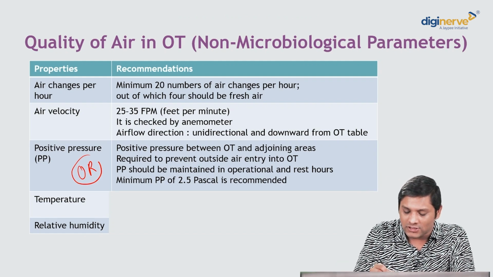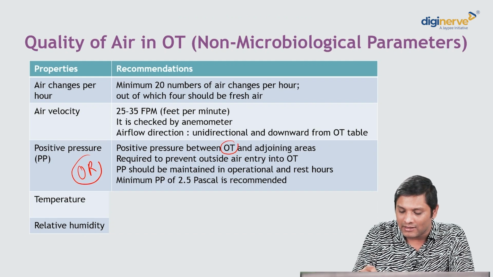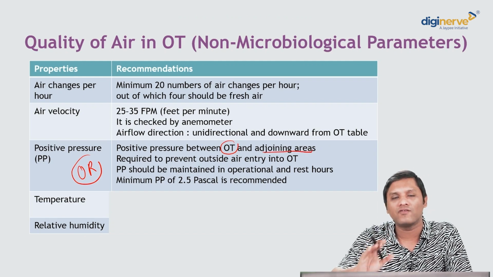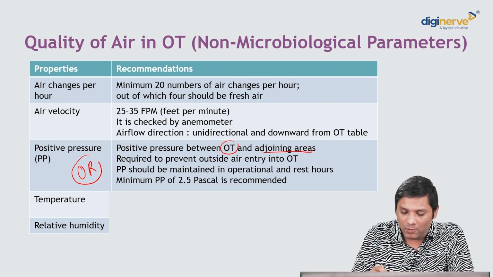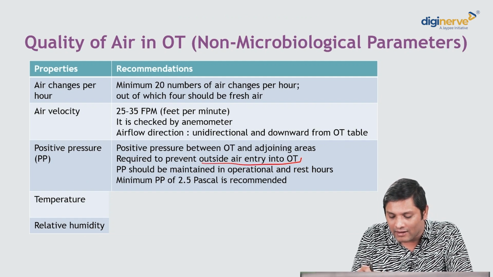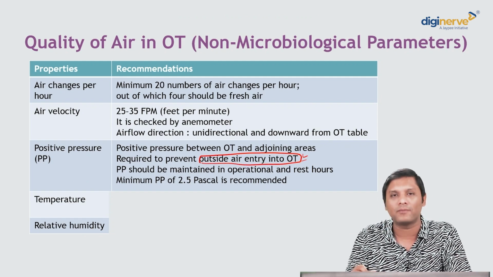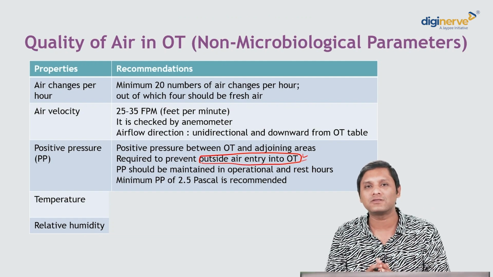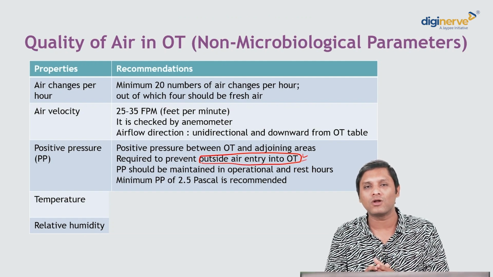The positive pressure between the OT and the adjoining area should always be there. It is required to prevent the entry of outside air into the operation theater. If the pressure inside is more, it will prevent the entry of air from the outside environment.